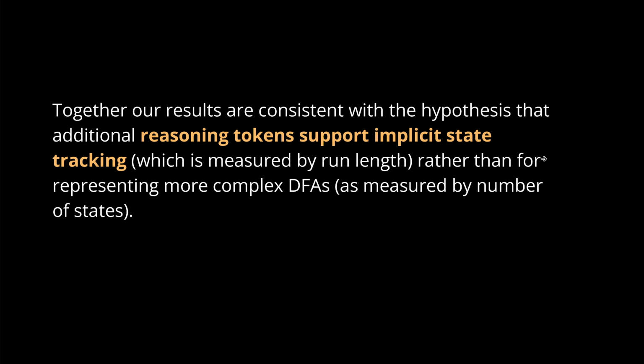Yes, absolutely. However, the authors state that together our results are consistent with the hypothesis that additional reasoning tokens in the test time compute support implicit state tracking, as measured by the run length, as we just showed you, rather than representing more complex DFA, as measured by the number of states, the dimensionality of the space. This is now an interesting statement. Additional reasoning tokens support implicit state tracking measured by the run length.